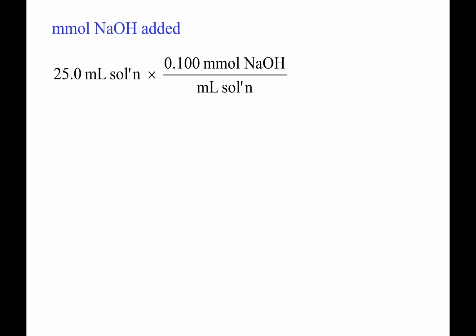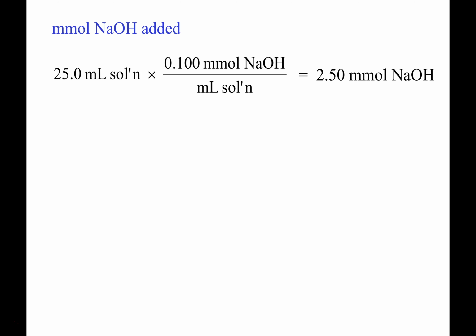So at that point, in millimoles, we are going to confirm that these are all used up. The millimoles of sodium hydroxide at 25 milliliters look like this: 25.0 milliliters of titrant added times 0.100 millimoles of NaOH per 1 milliliter of solution. So you're at 2.50 millimoles of NaOH that have been added.